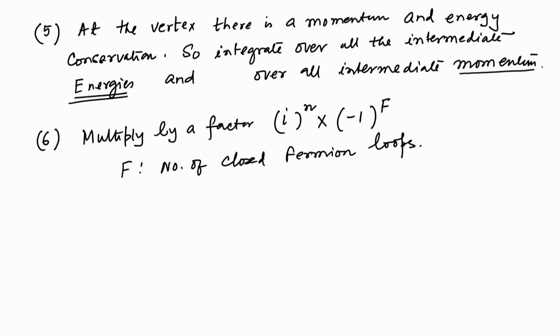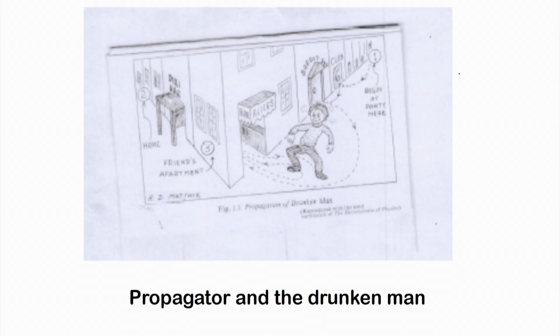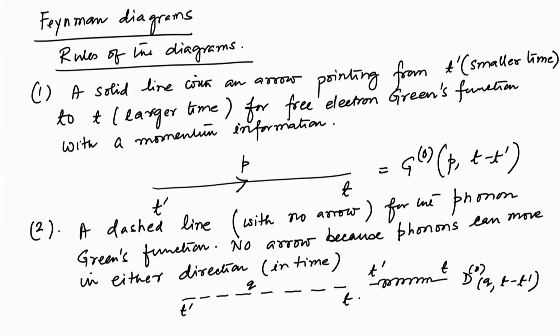All these rules put together from 1 to 6 will help us in writing down the fully interacting Green's function in terms of the non-interacting Green's function, and then by summing over all the intermediate momentum and energy, we will finally get the fully interacting Green's function.